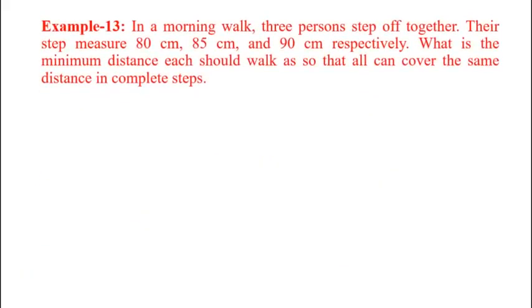Next, example 13. In a morning walk, 3 persons step up together. Their steps measure 80 cm, 85 cm and 90 cm respectively. What is the minimum distance each should walk so that all can cover the same distance in complete steps?